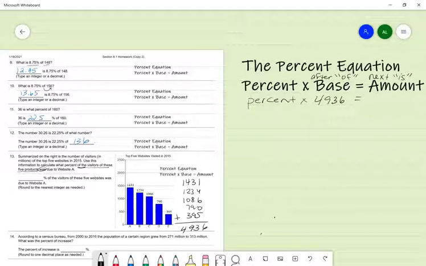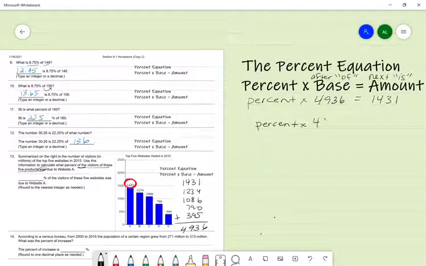And it says was due to website A. And what is website A? Website A is the value of 1431. So the amount we have to determine from the chart. In this case, it directly is asking us about 1431. So that's what we enter in as the amount. So now we have our equation.